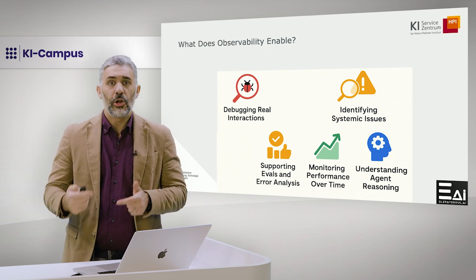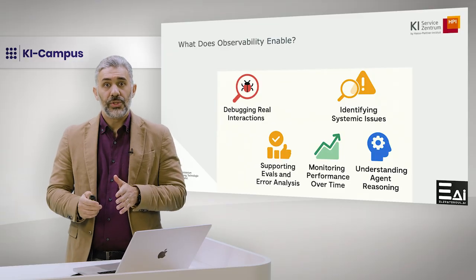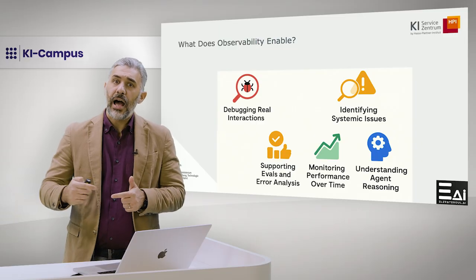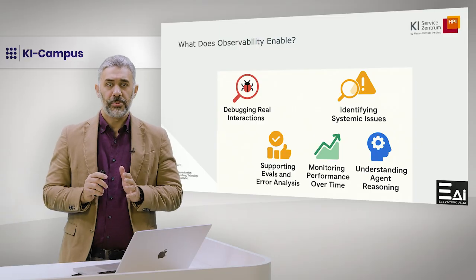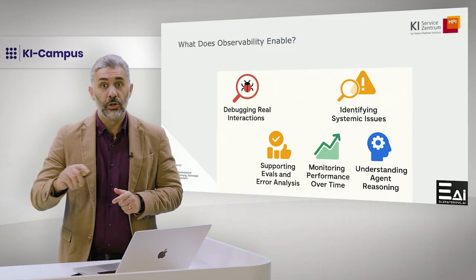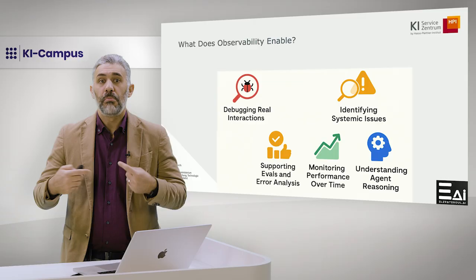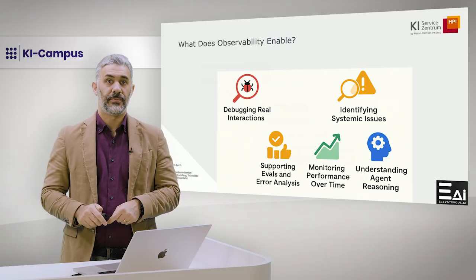With structured logs of chain of thought surrogates, tool sequences, and intermediate outputs, you gain insight into how the agent approaches different tasks. In short, observability is not just about logging. It is what makes debugging, evaluation, monitoring, and improvement possible in agentic AI systems.